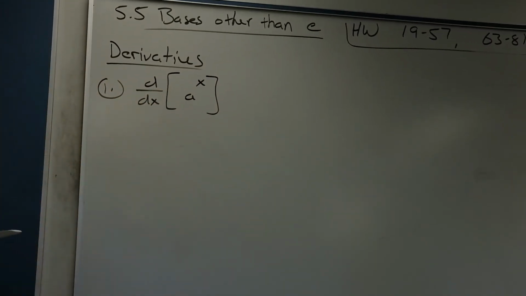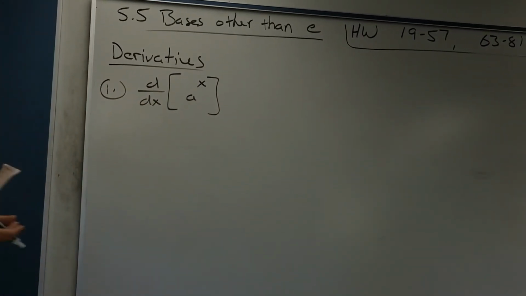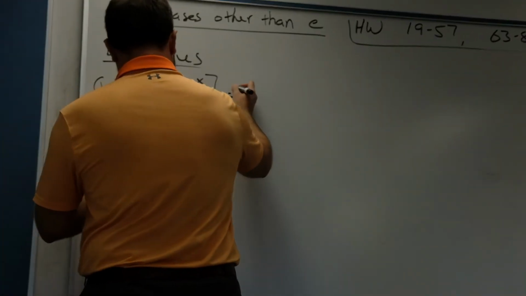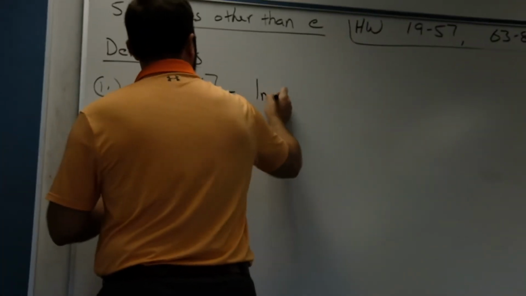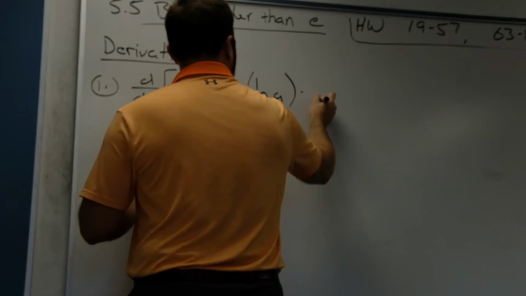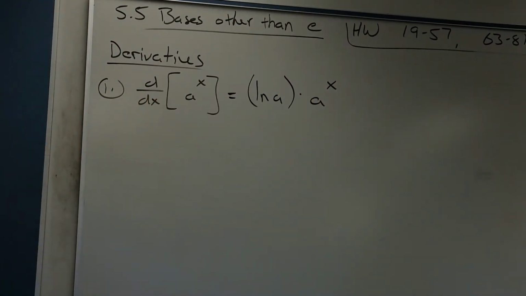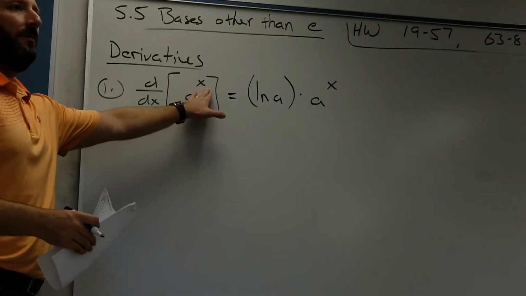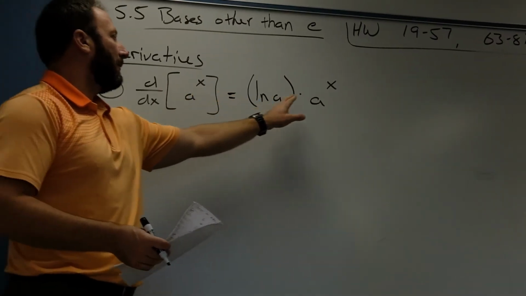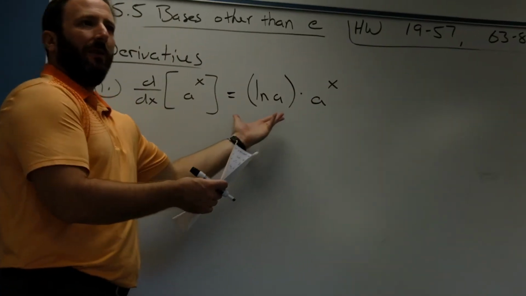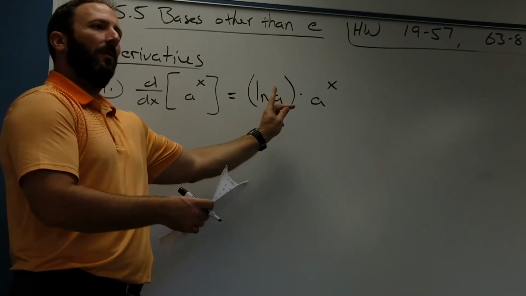The derivative with respect to x, where now a isn't necessarily e, is going to be equal to the ln of a times a to the x. So you can see if a was e and we had an e to the x, we know the derivative of e to the x is e to the x. That would still hold here because ln of e is going to be 1.